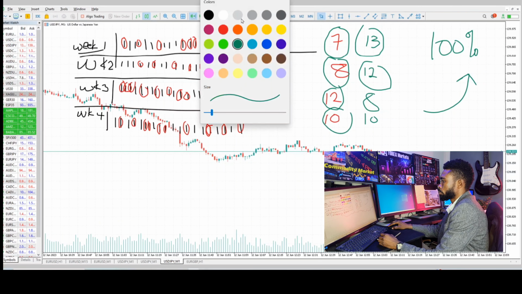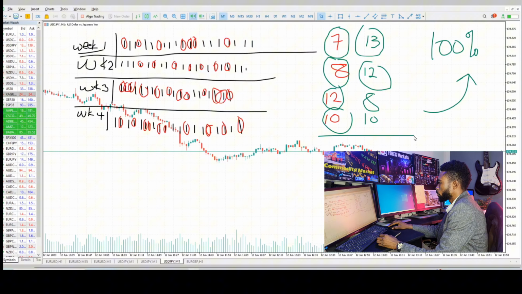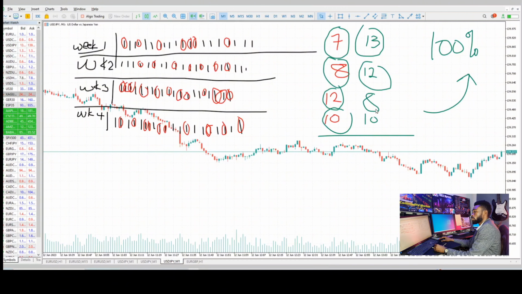Let's assume that we are adding them all together. So in addition, let's add them all together. 13 plus 12 will give you 25, plus 10 will give you 35, plus 8 will give you 43, right? So here we have 43 of them to be wins.